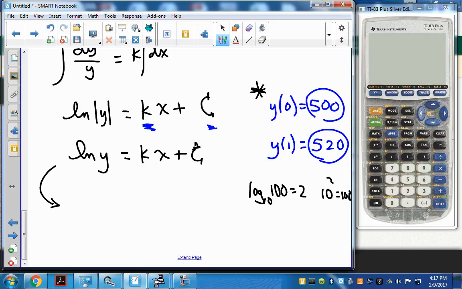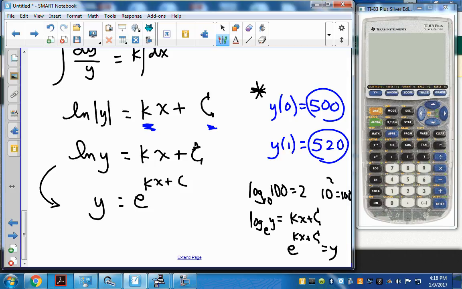So in this case, we have log base e of y is the same as kx plus c. So we can translate that and say e to the kx plus c is equal to y. So hopefully you can do that fairly quickly. Y is equal to e to the kx plus c.